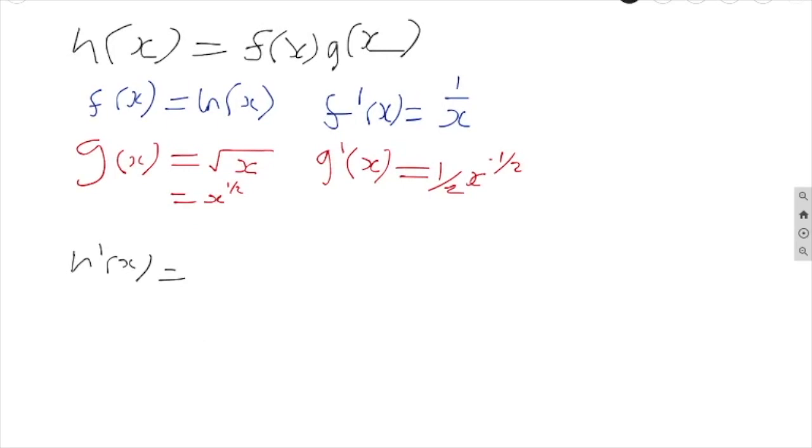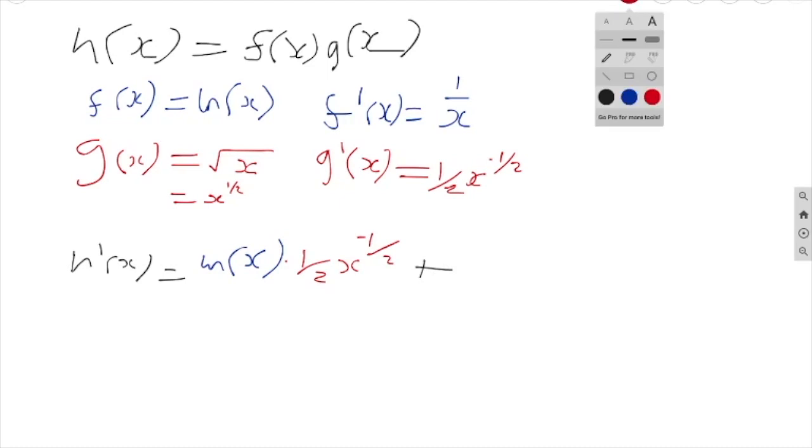But for now, we will take our blue and substitute f, which in this case is ln of x, and multiply it by our g prime, which is 1/2 x to the power of minus 1/2. We'll then add our other parts, so we'll then add our square root of x, our g, multiplied by f prime, which in this case is 1 divided by x.